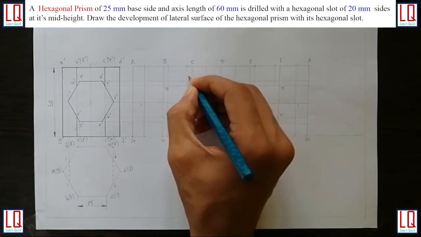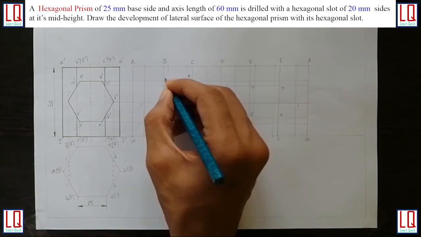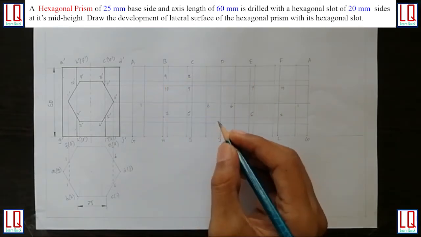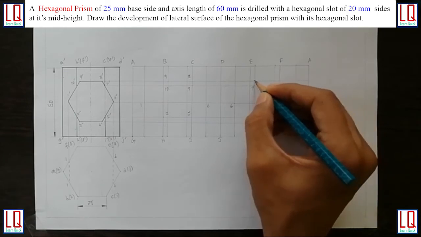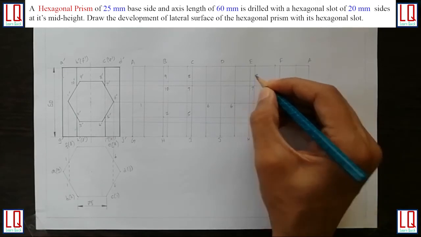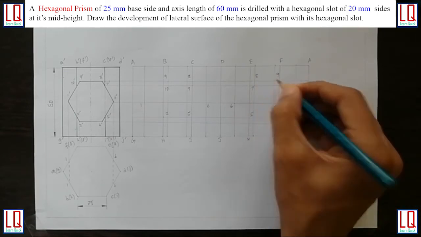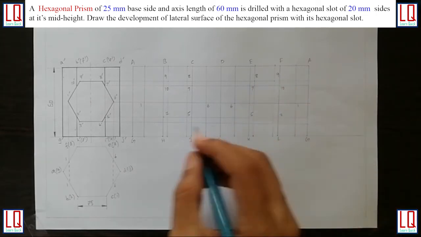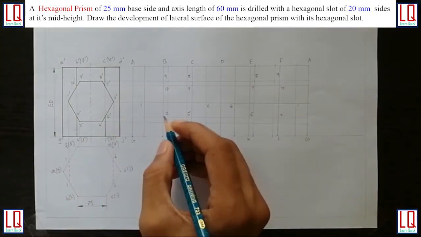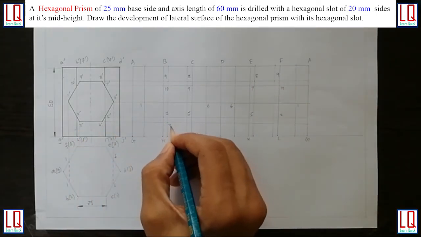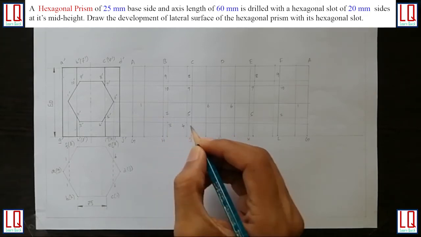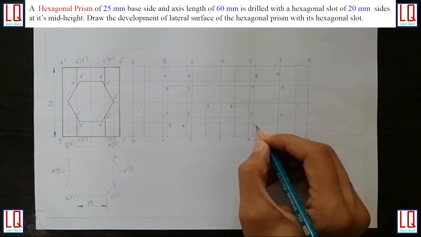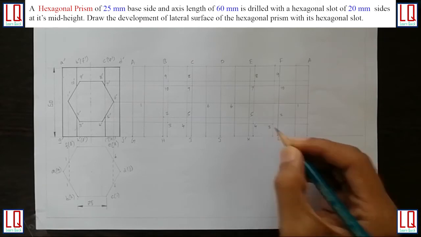So this point is your 8 and this is your 9. Similarly this point is your 8 and this is your 9. And then similarly we have to mark 3 and 4. So point 3 is available here. This is my 4, and this point is going to be 4 and this point is going to be 3.